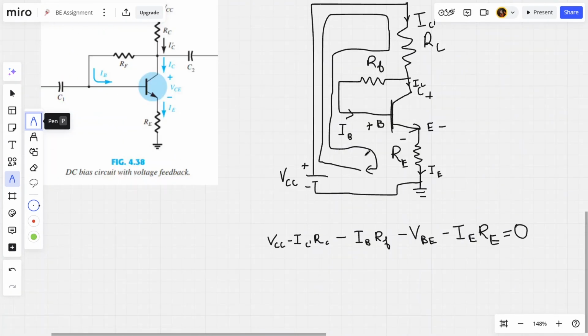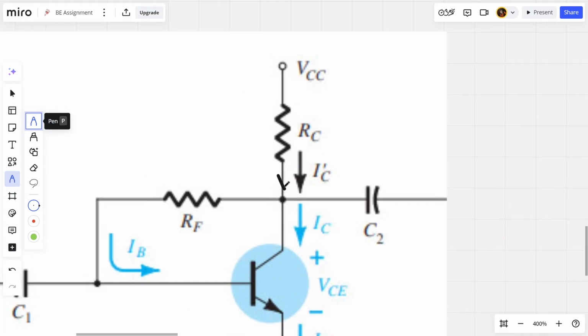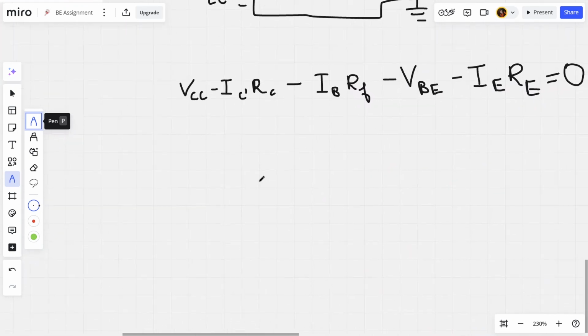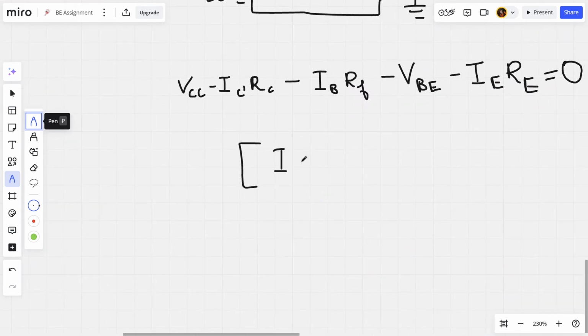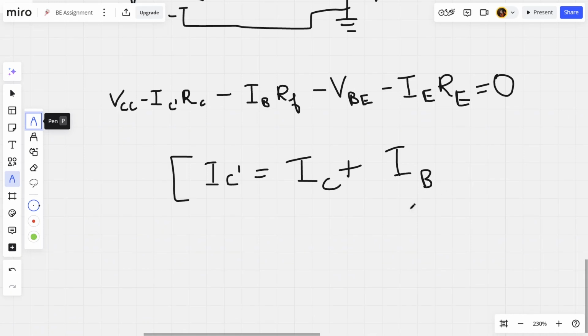As we know from Kirchhoff's current law, here you can see there's IC dash current going on, and it is getting separated in the junction into IB and IC. So we can write something like IC dash is equal to IC plus IB. Now here we can see that IB is a very small value in comparison to IC dash and IC.